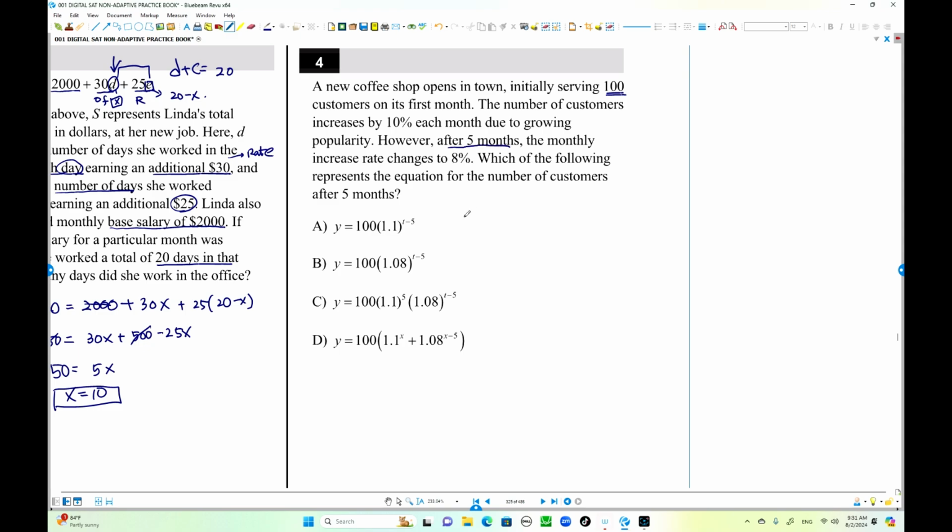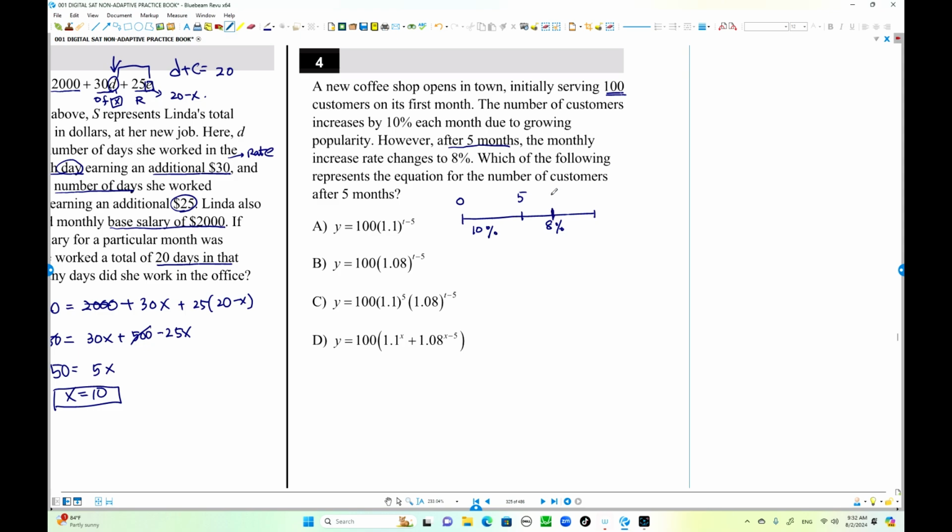After 5 months, starting after 5 months, before 5 months it increased by 10%. After 5, it increased by what? 8%. Okay, so which of the following represents an equation for the number of customers after 5 months?